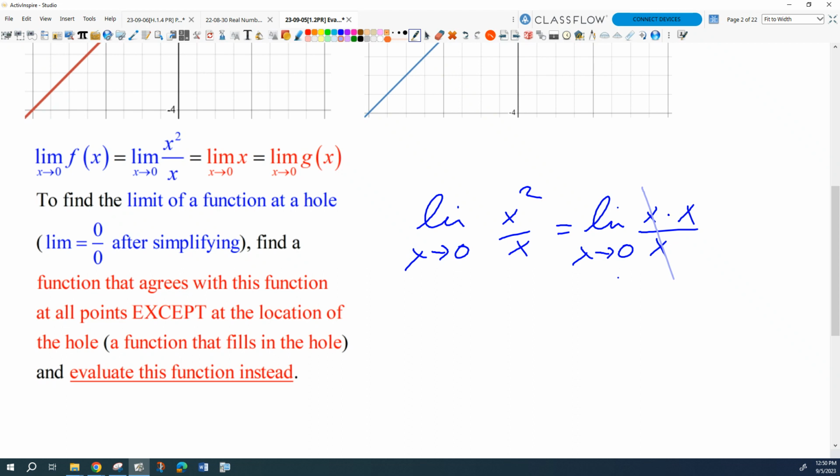That x on the bottom caused us to have a 0 on the bottom, and let's just say that that x right there caused us to have a 0 on the top. When I cancel out those like factors, the indeterminacy disappears, and I just get the answer, limit of x, which is 0. Okay, let's try it again.